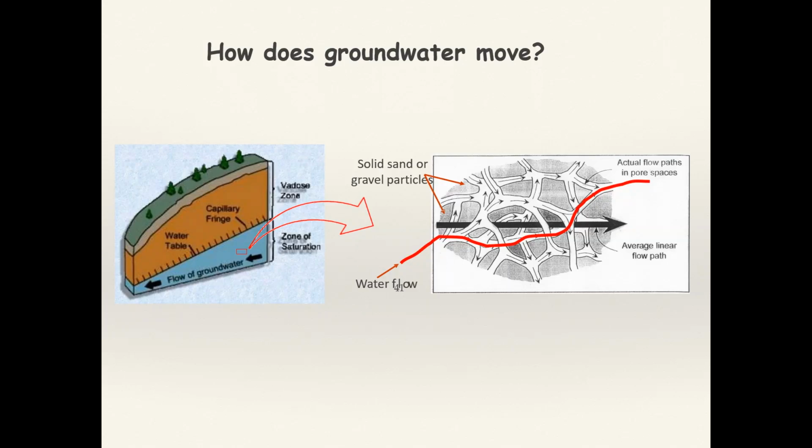In pipe flow, the entire cross section contributes to the water flow. In open channel flow, again, the entire cross section contributes. But in groundwater flow, only the interconnected voids contribute.